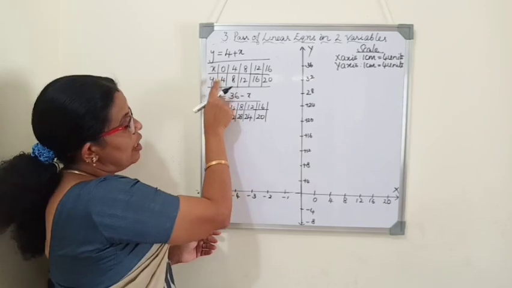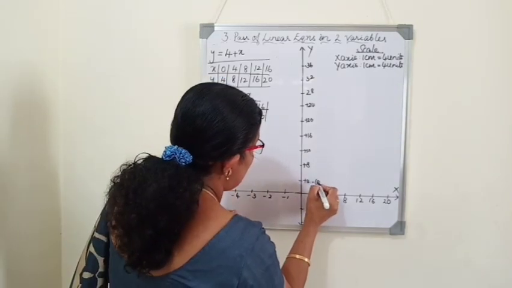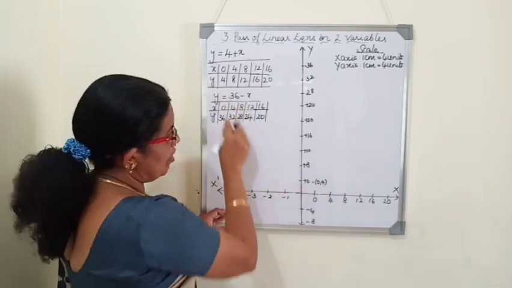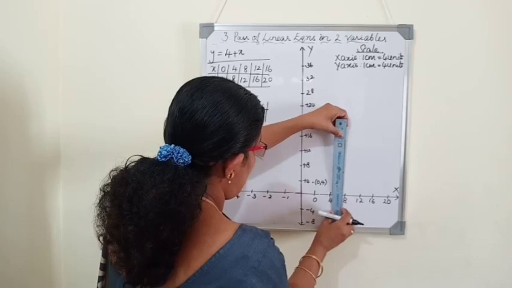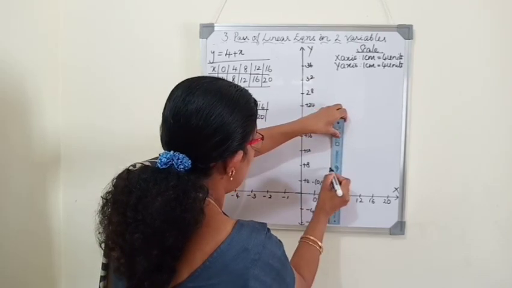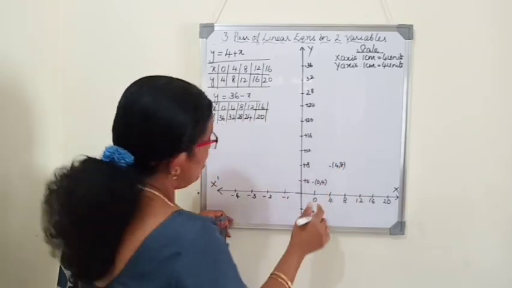First value is 0, 4. Next 4, 8. Next 8, 12.